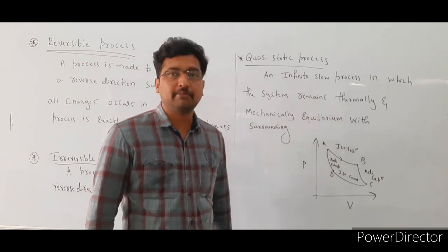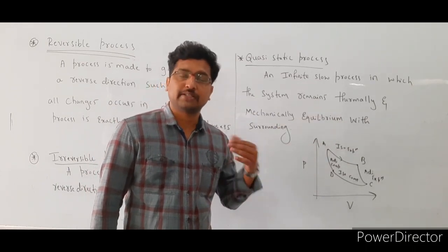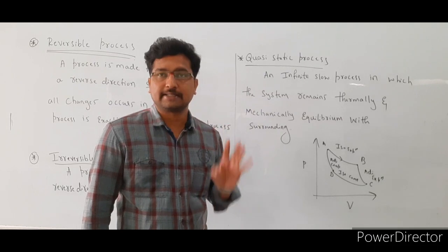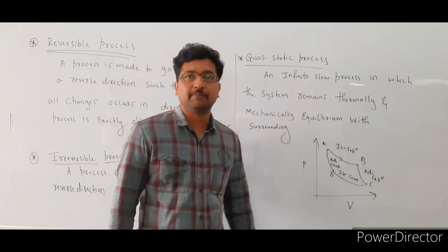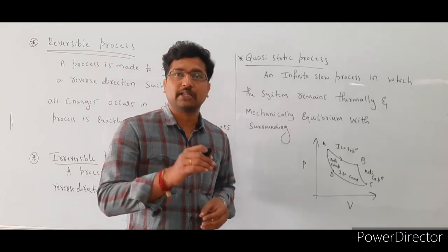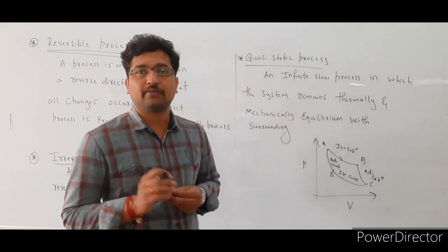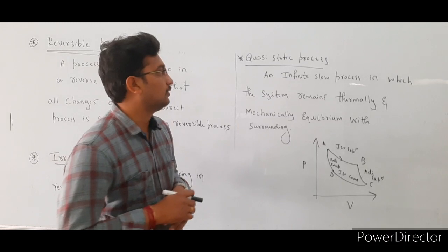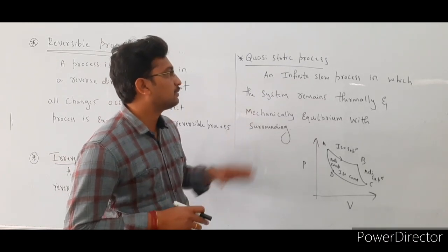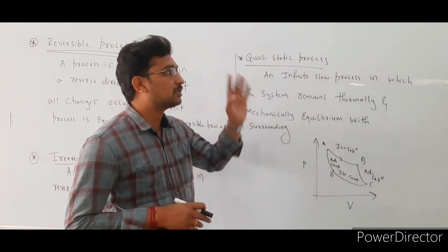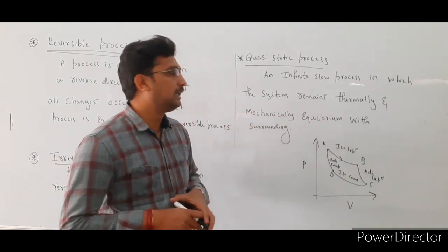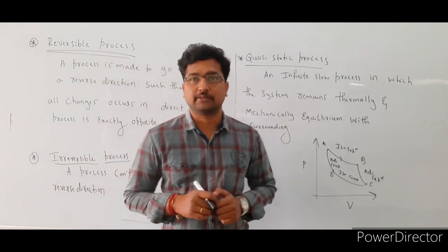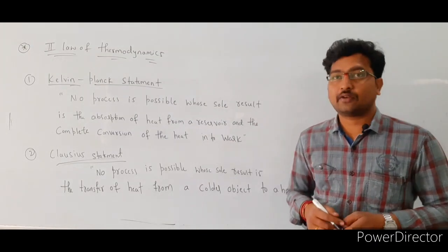Thermal equilibrium means the temperature of the system and the surrounding are both the same, and mechanical equilibrium means the net force acting on the system is 0. So the quasi-static process is an infinitely slow process in which the system remains in thermal and mechanical equilibrium with the surrounding.